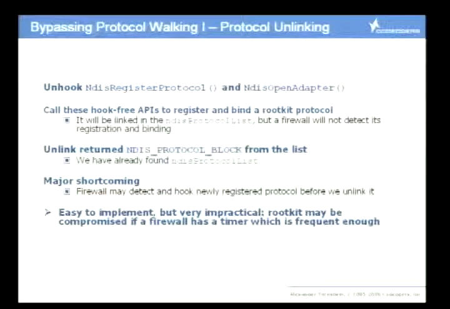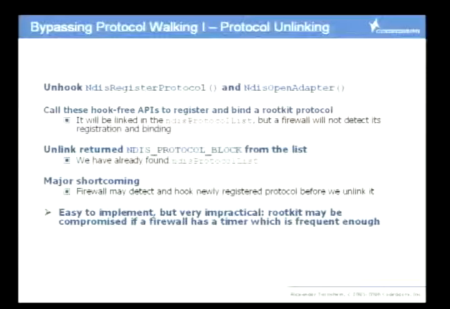First, a rootkit has to unhook NDIS register protocol and NDIS open adapter functions. And after the unhooking has finished, a rootkit will have to call these hook-free APIs to register and bind the protocol. So this protocol will exist in the NDIS protocol list.